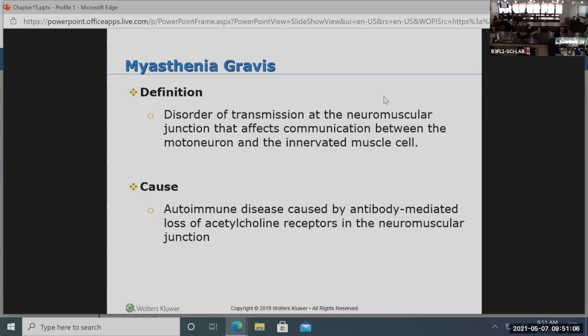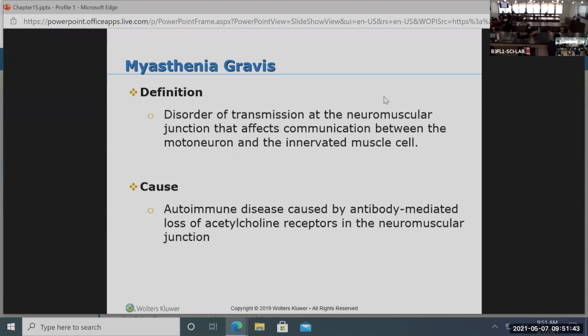Okay, so let's move on. So, myasthenia gravis. You said there's a loss of the antibody for acetylcholine. Acetylcholine is a neurotransmitter, and it has its receptor site on the muscle fiber. That's what we said already. During autoimmune disease, the immune system is supposed to protect, but now it produces antibodies that destroy my receptors.